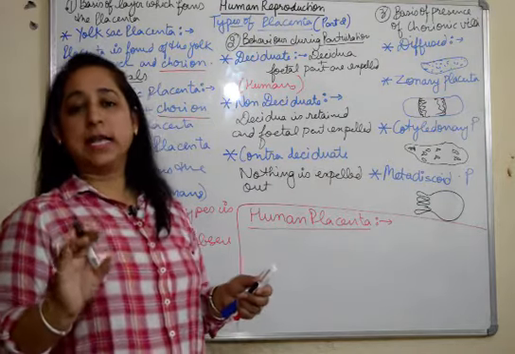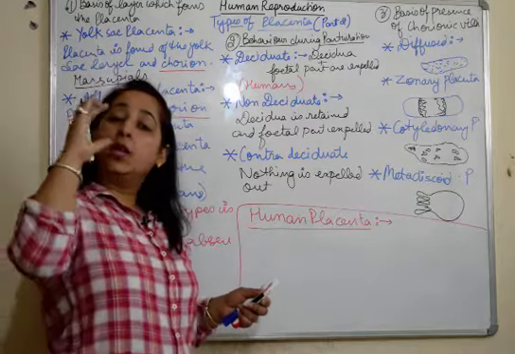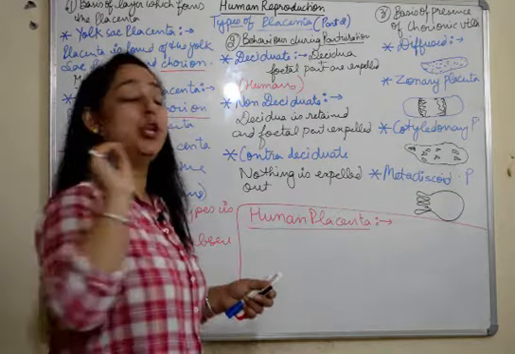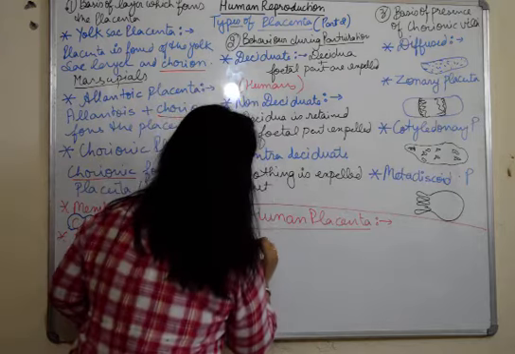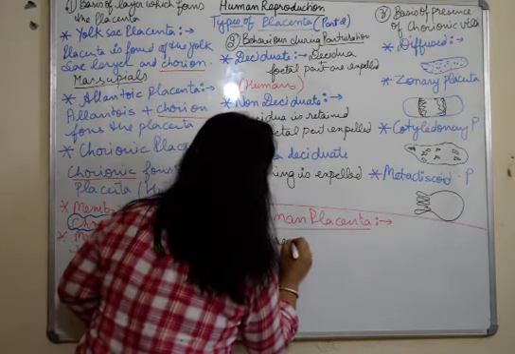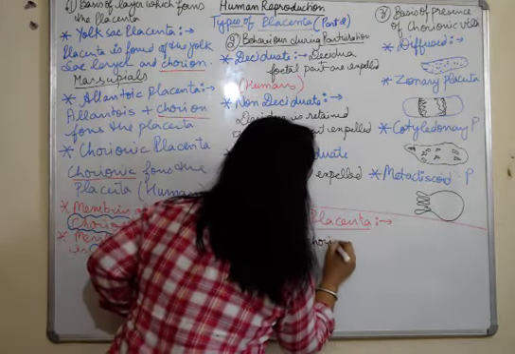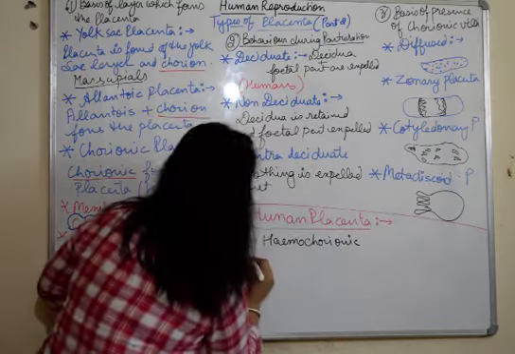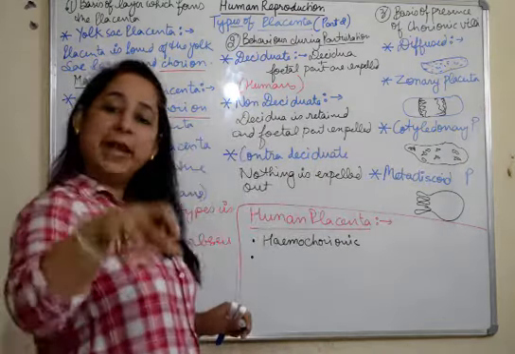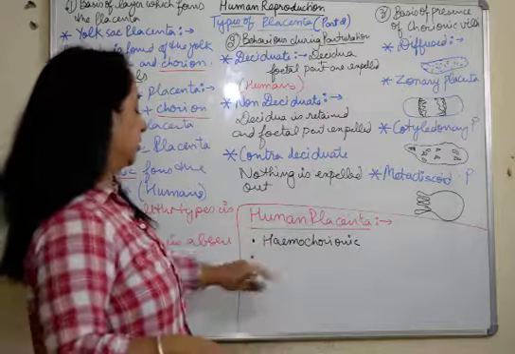The last category, that is hemochorionic, was of humans. So it is hemochorionic, wherein the villi dip or bathe in the maternal blood. That is the first category.